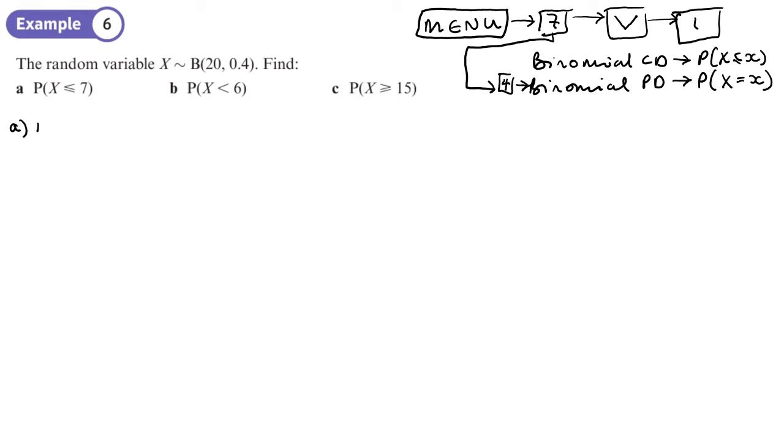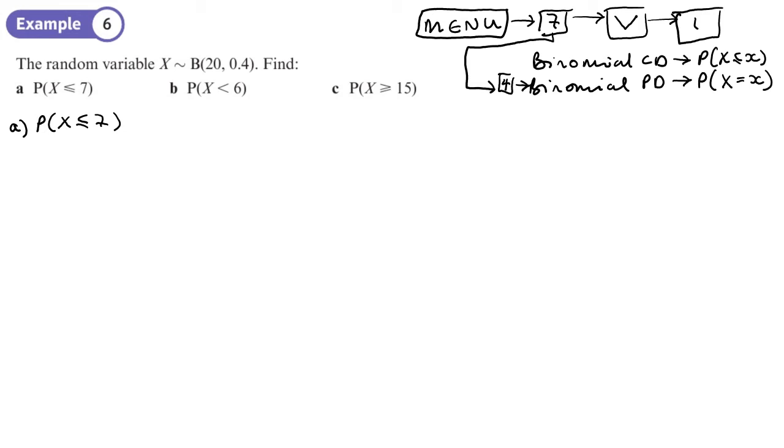So the first one, the probability that x is less than or equal to 7, that's not a problem. We can either look that up straight in the table or on our calculator. Now we go to variable number 2. We don't want a list, we just want a single value. My value of x is going to be 7, n is going to be 20, and p 0.4.